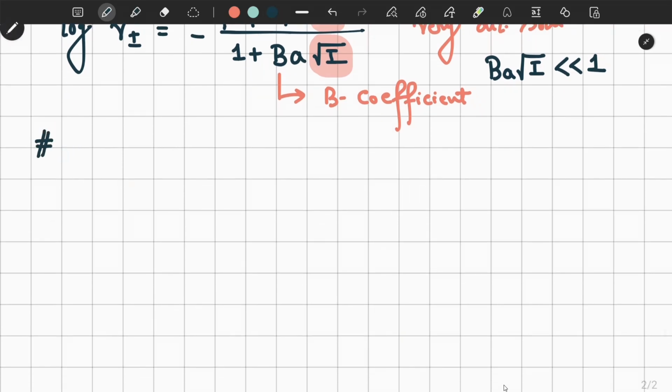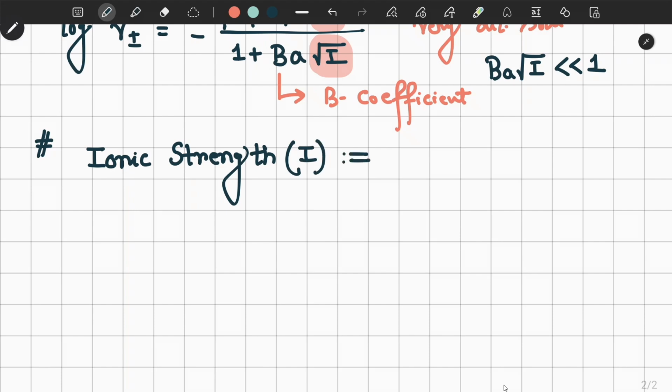I forgot it. It was something half into... But this is called ionic strength. Yes, ionic strength. It is called I, and it is defined as half of the sum over i of Ci Zi square.